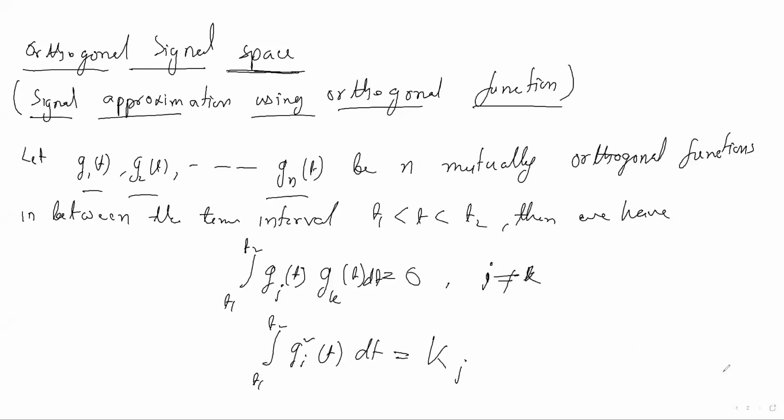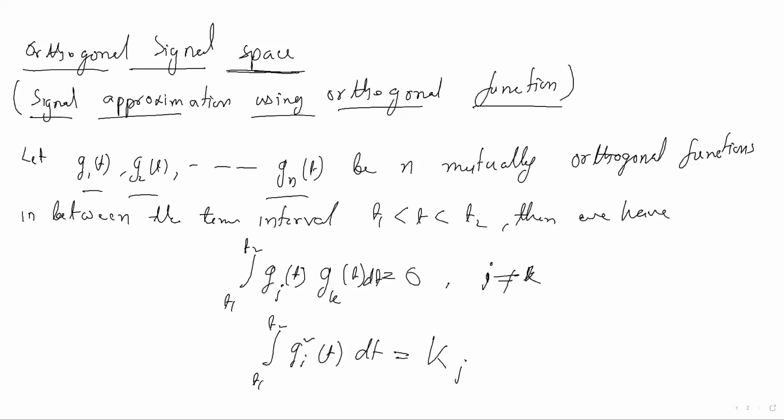So now we are going to approximate a signal, any one signal, in terms of multiple mutually orthogonal functions. Here we are taking g1, g2 and so on as multiple orthogonal functions.